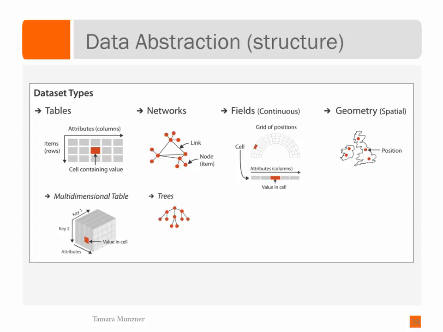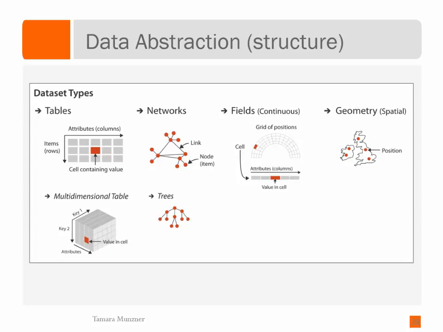Then we move on to our multidimensional table. And I think most folks will know what a Rubik's Cube is. Some folks may know it as a magic cube. And so if you can imagine a 3D series of cubes, like a Rubik's Cube, where we have different values in a cell for several different dimensions.